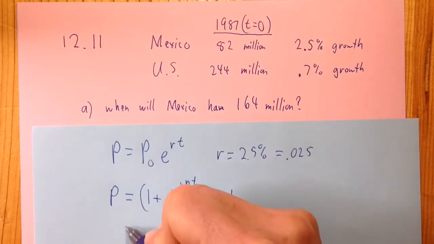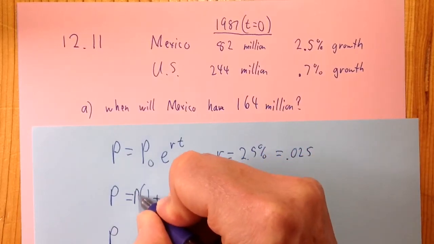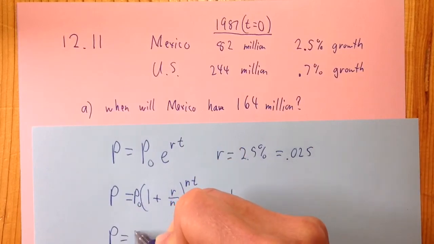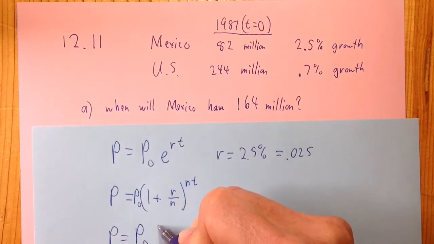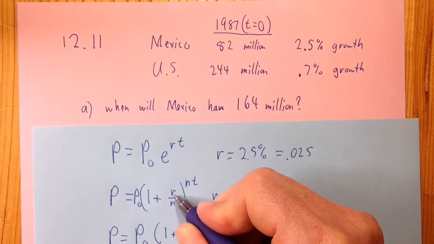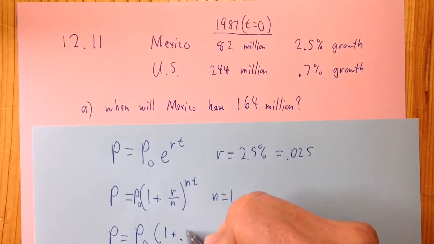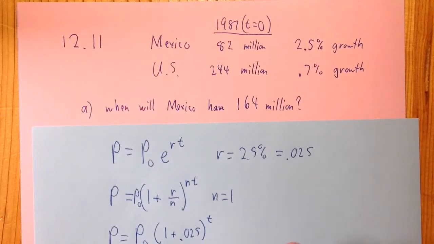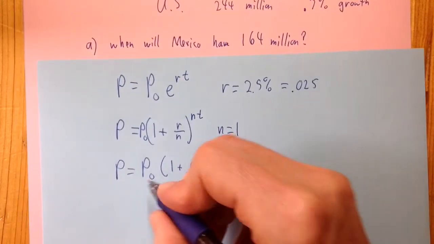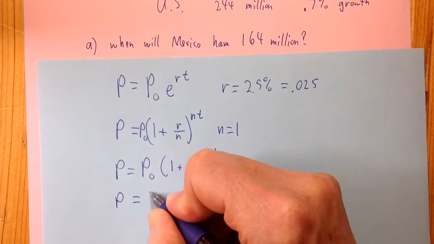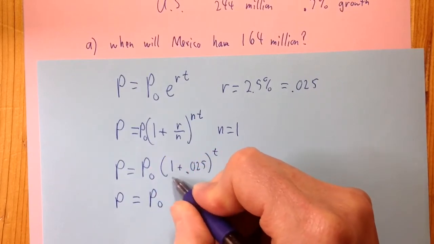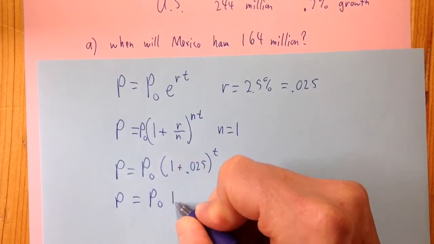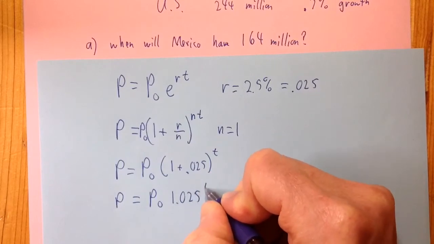And I forgot the P0 there. With n equal 1, it boils down to P0, 1 plus the rate, which would be 0.025, to the t power, which is very simply that the population is P0 times 1.025 to the t power.